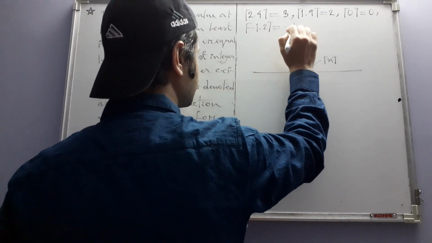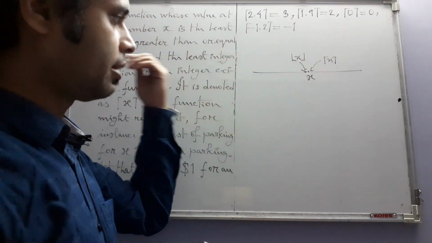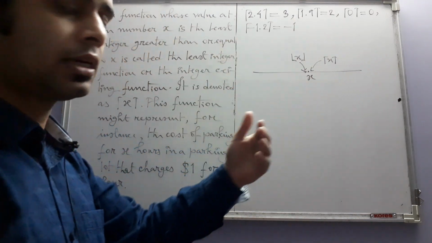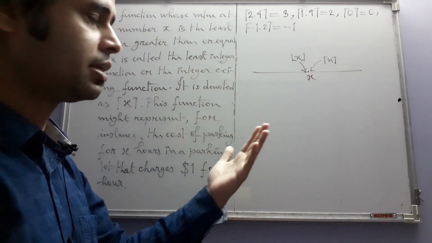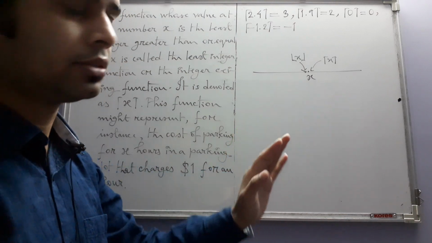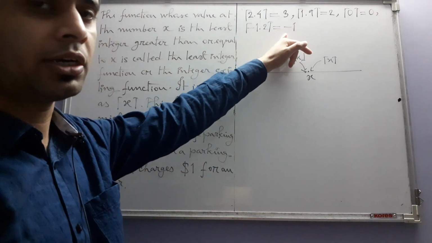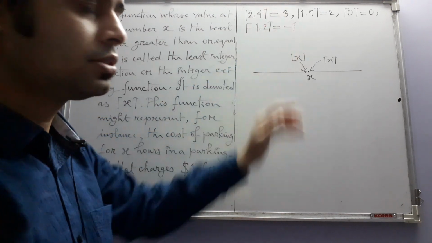This will be minus 1 because all the integers that lie to the right of x are minus 1, 0, 1, 2, 3, etc. Among them the least is minus 1, or the closest one to this number is minus 1, so it is minus 1.